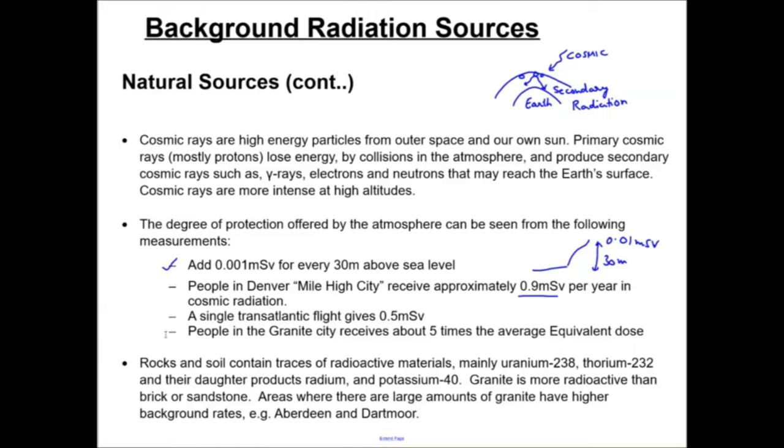And since granite is a natural source of radioactivity, people living near granite structures or granite mountains would be exposed to about 5 times the average equivalent dose, so 5 times more background radiation than people living in different regions.